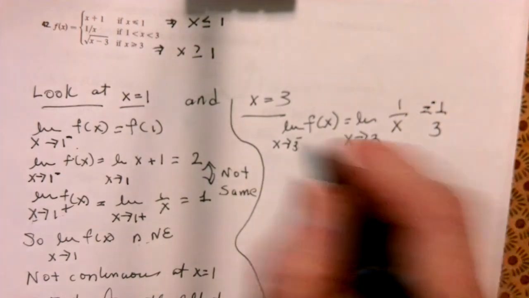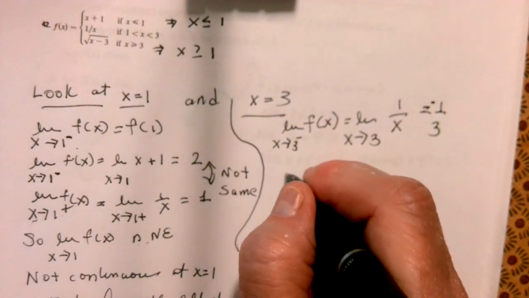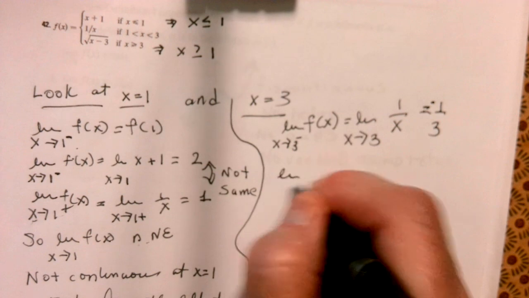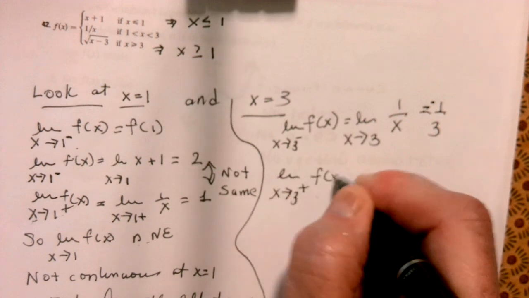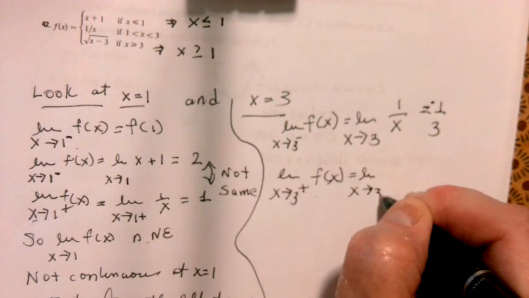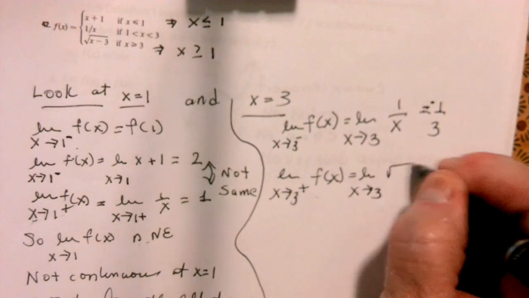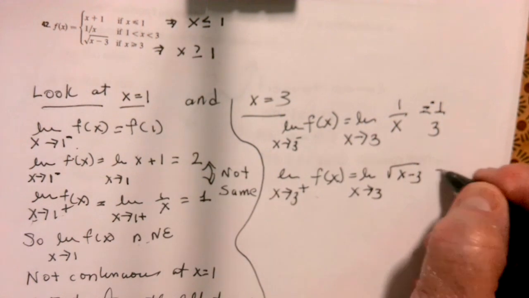Then the limit as x approaches 3 from the right of f of x, we'll use that last piece, and that's going to be equal to 0.